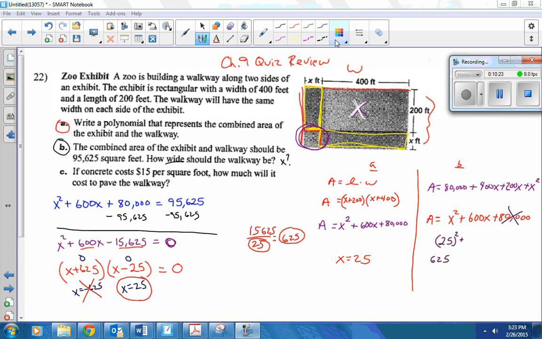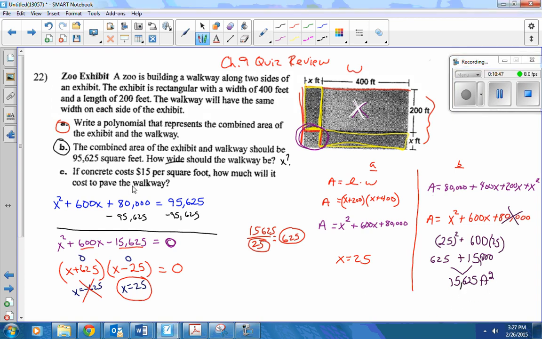Correction, it's not 60, it's 600 times 25. 600 times 25 makes 15,000. So the total area of the walkway is 15,625.